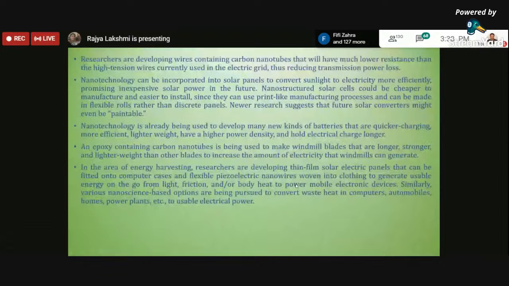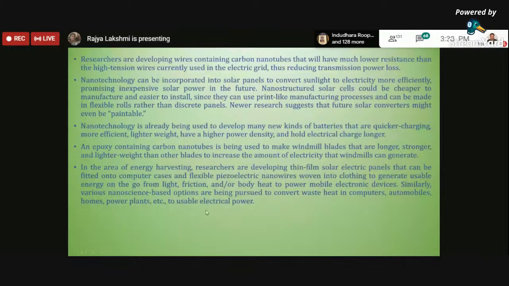And even in energy harvesting, people are trying to develop thin film solar electric panels that can be fitted onto computer cars. And flexible piezoelectric nanowires woven into clothing to generate usable energy on the go from light, friction, and body heat to power mobile electronic devices. Already I have mentioned people are trying to weave a fabric which will generate power that can be used for mobile charging.